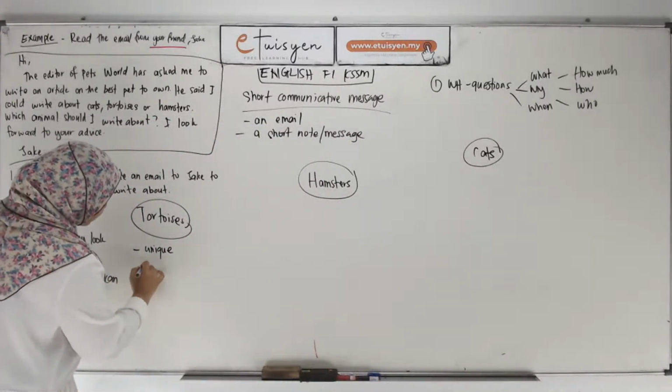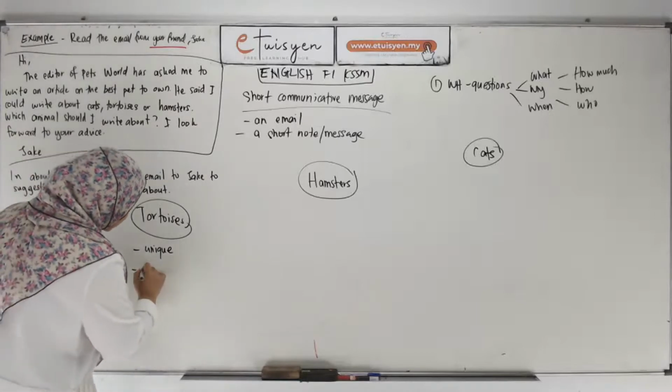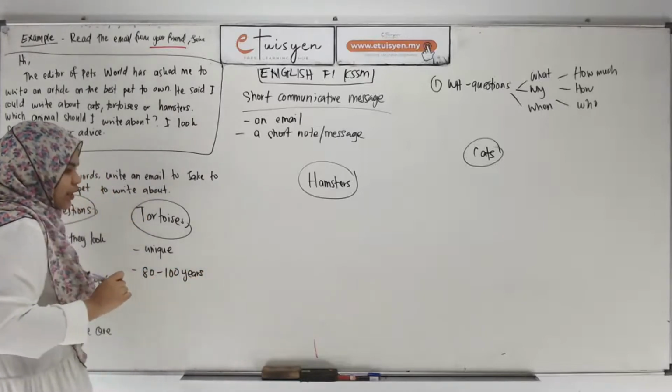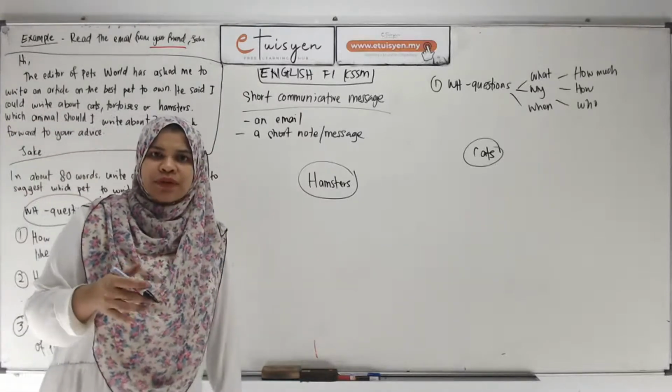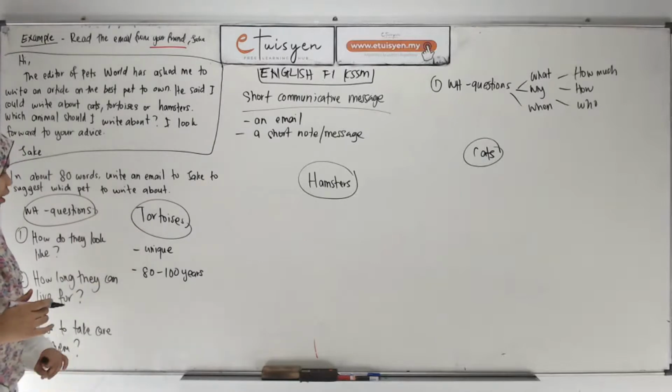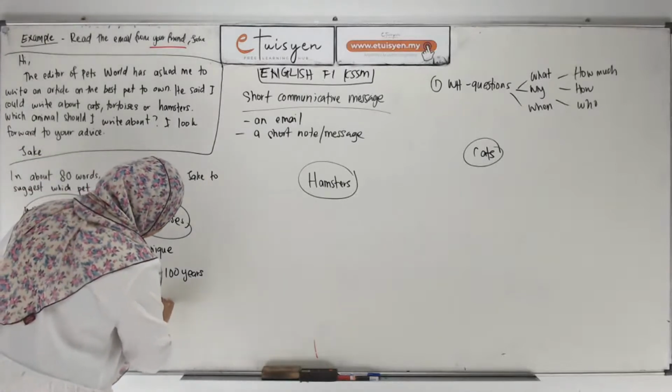How long can they live for? I read earlier 80 to 100 years. Or they can live up to 200 also. Some of the tortoise can live up to 200 years or so. So how to take care of them? Easy.